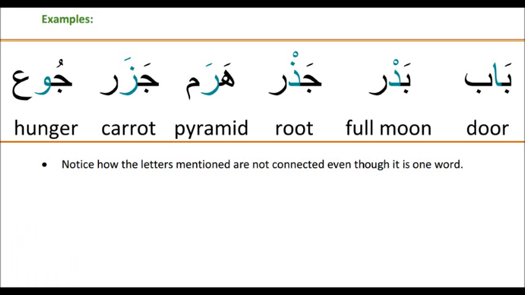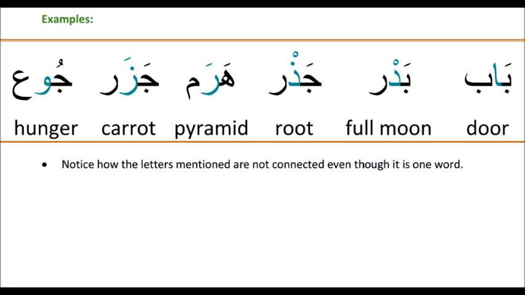And I've made some examples. Let's start with the first word again from the right to the left, the word bab. Bab. Here, as you can see, the alif is not connected to the ba. Then we have the word badr. Here the dal, we can also see it's not connected. Jadr. Then haram.